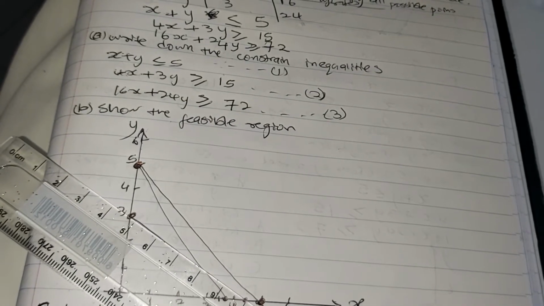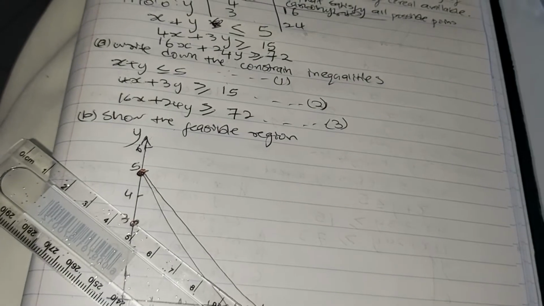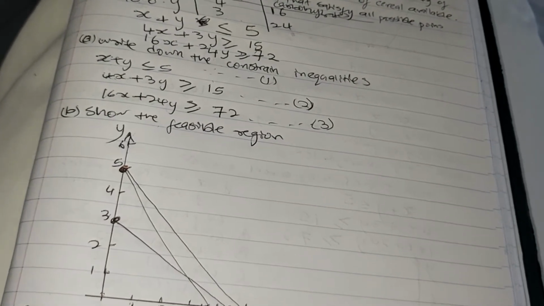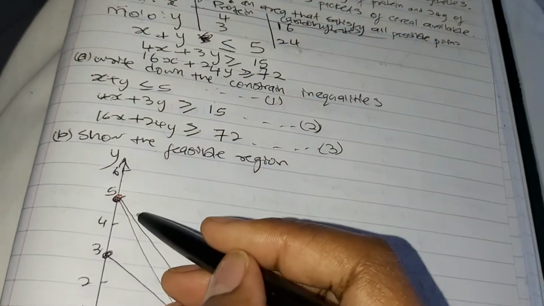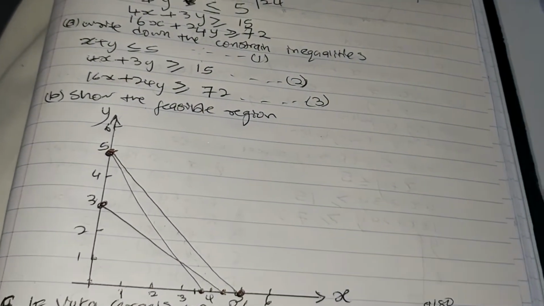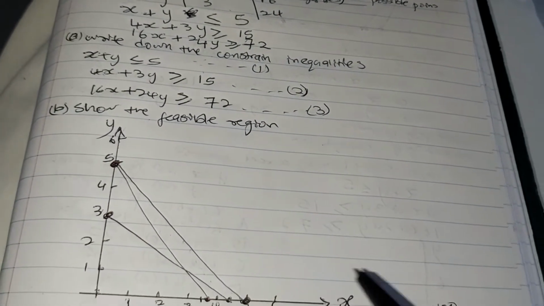The solution must be above this graph, so 4x plus 3y is above 15. So here we are below this graph, and on this equation we are above this line.